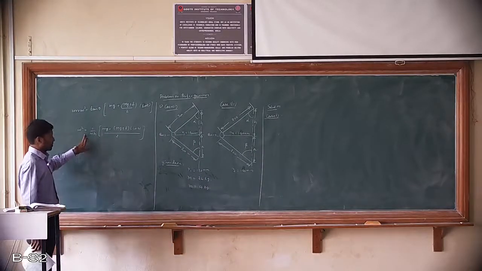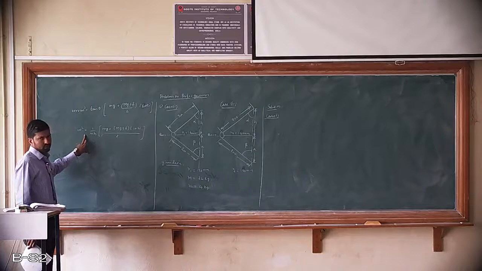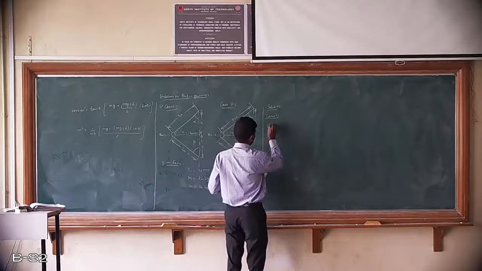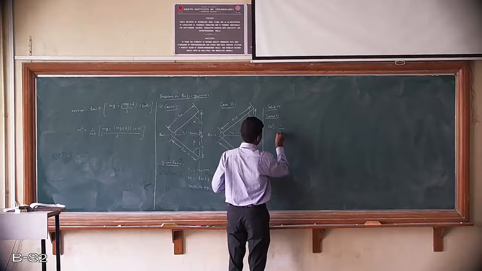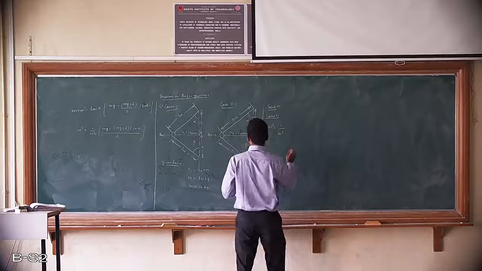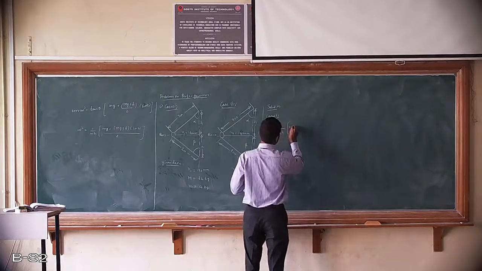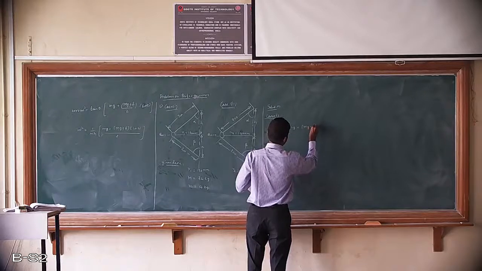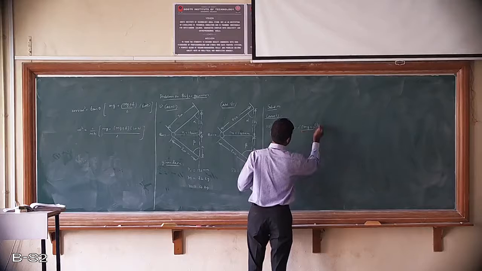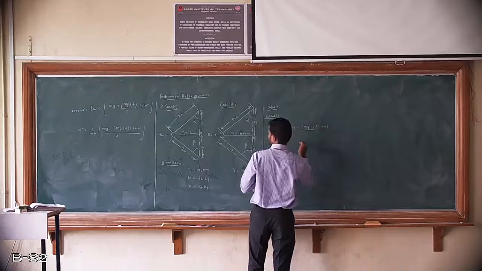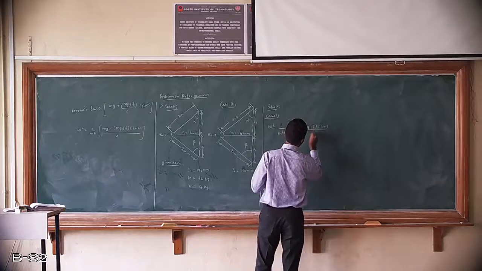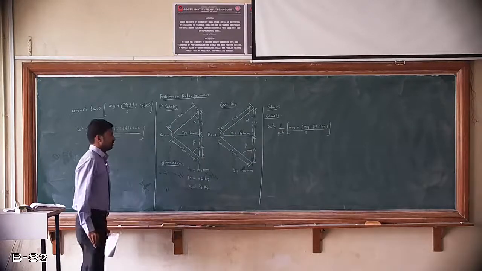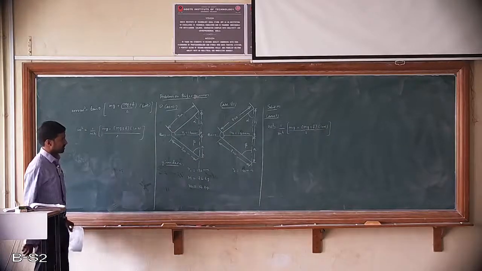We know the equation for the Porter governor, which is given as omega square is equal to 1 divided by m into h into bracket mg plus or minus f divided by 2, into bracket 1 plus k. So this is our equation for Porter governor, which we have already derived.